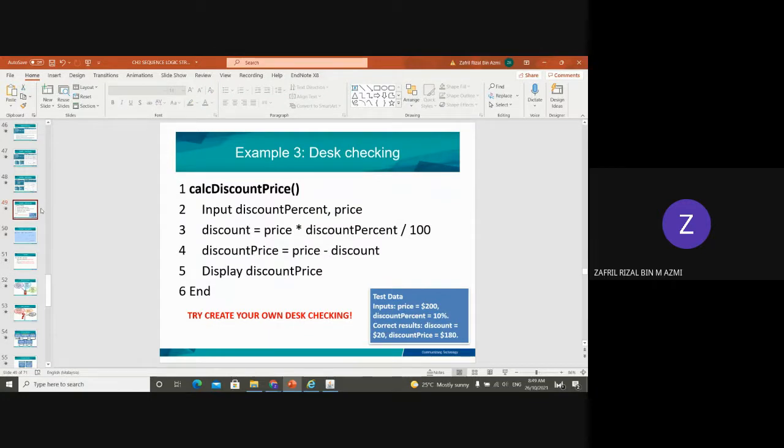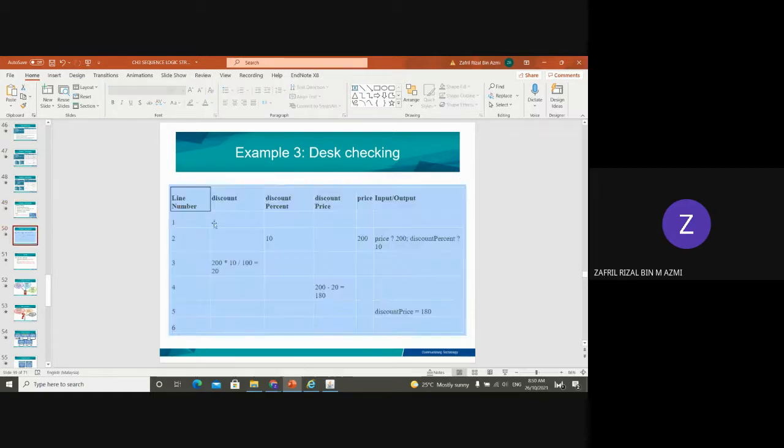Okay, this is another example. You see we have two inputs over here, discount percent and price. So have a look at this.